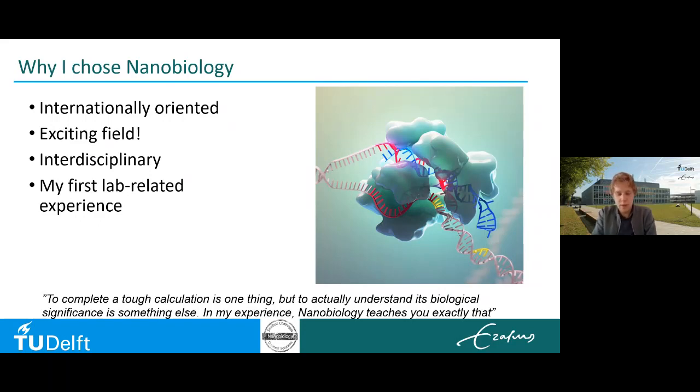Like I briefly said, the fact that it's internationally oriented gave me the eventual final decision of doing this program. But I wanted to do something in biology, medical sciences, something technical, because of my first lab related experience.